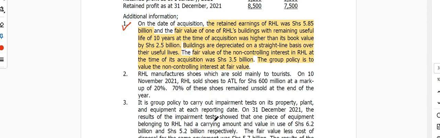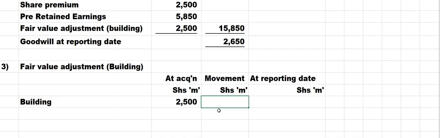We have been told that it has a remaining useful life of 10 years at the time of acquisition, higher than its book value. The buildings are depreciated on a straight line basis. So we have to depreciate. This is 2,500, we divide by 10 years.